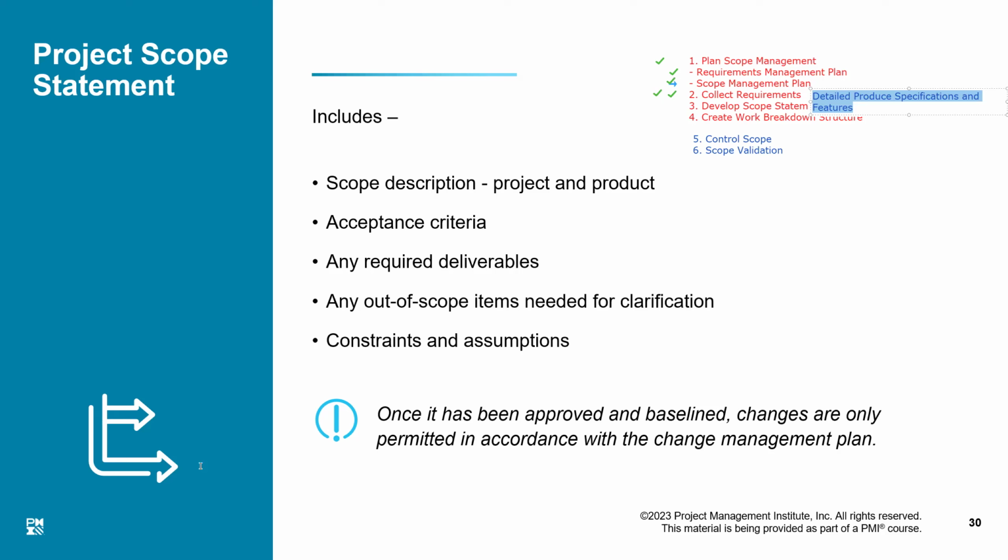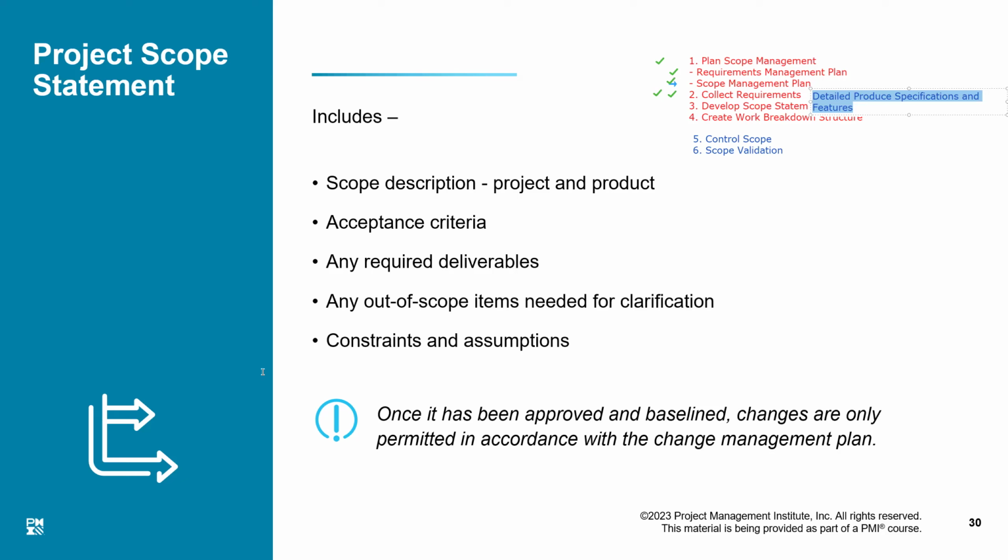So you do understand that the scope statement is a very strong statement, a very important document, but at the same time, it is not very detailed. It does explain everything about the scope, but it doesn't drill down.